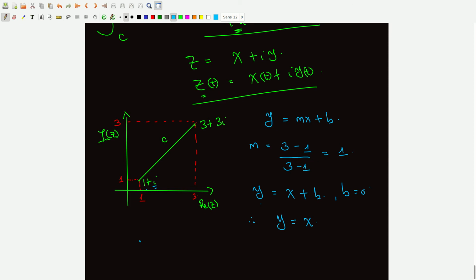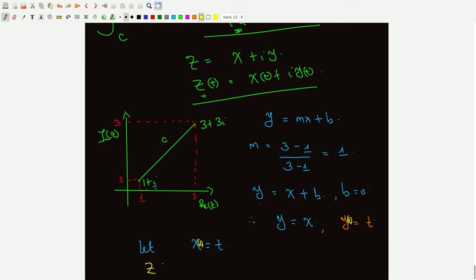So usually we shall just let x, the independent variable, be equal to t, what we are using to parameterize. So x equals t, and therefore if x equals t, then y equals x implies that y equals t. Ideally, what we are trying to say here is x of t equals t, and also y of t equals t.